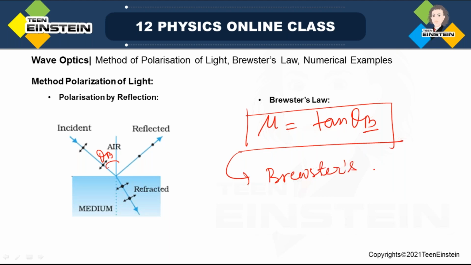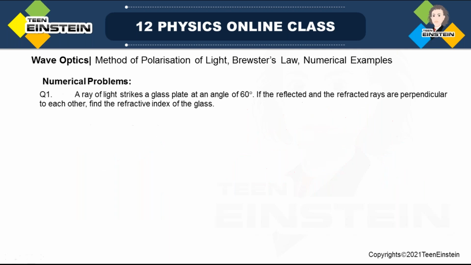This particular equation is known as Brewster's law, and from here there will be numerical problems. In the whole polarization part, this is the only equation or derivation you have, and from here you will be able to solve numerical problems.